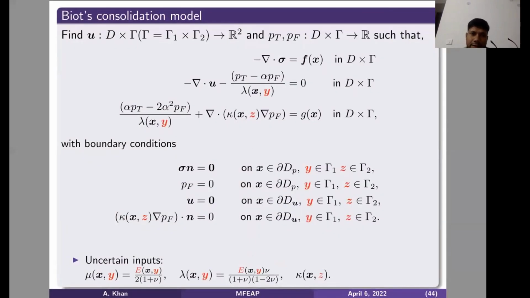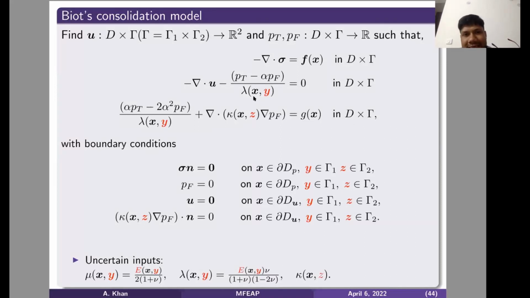And if we choose the Young modulus to be uncertain, and also kappa to be uncertain, with some finite number of parameters, then what will happen is that if Young modulus is uncertain, then mu will be uncertain, and lambda will also be parameter dependent, and kappa.